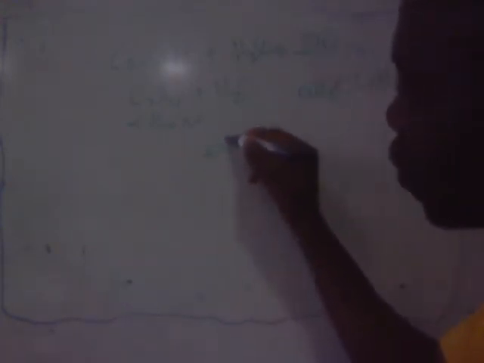Option D, ethyl, is wrong. Option E, ethyne, is wrong. So for number 50, our correct option is ethene, E-T-H-E-N-E. Let's go to number 51. Which gas?